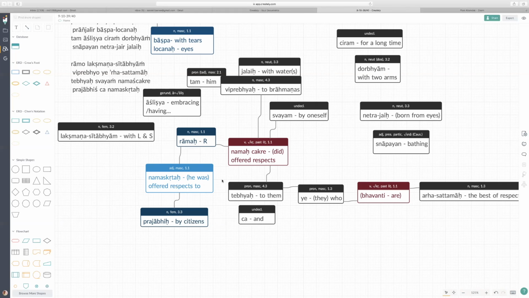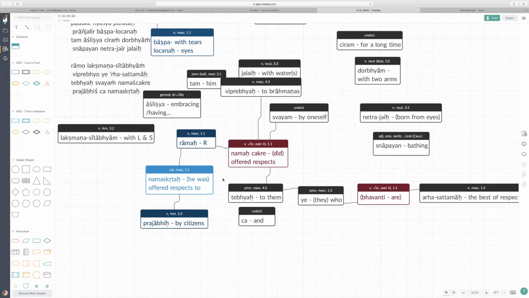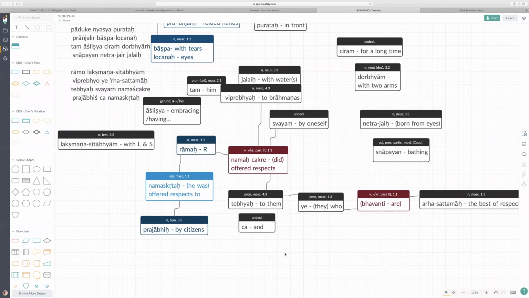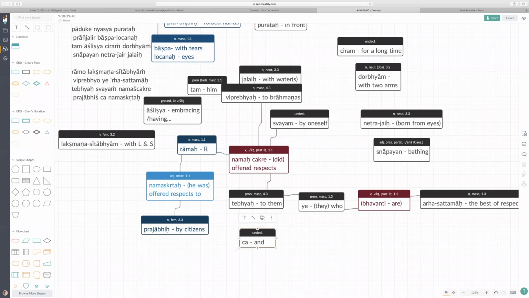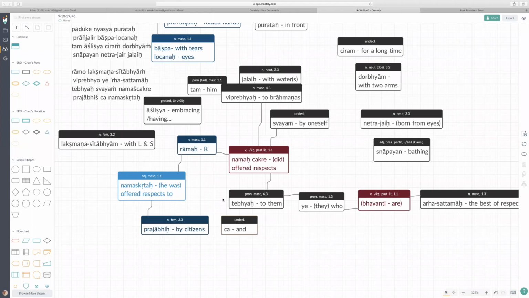And the cha. So what are we connecting here exactly? And... Rama offered respect to them, and then the citizens offered respect to Rama. Yeah. So I would put cha in between the two verbs.